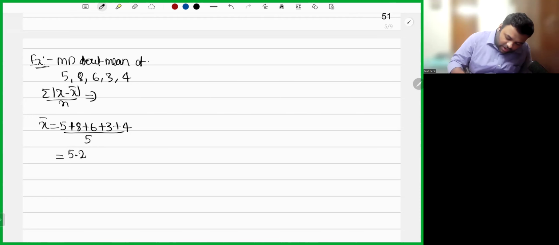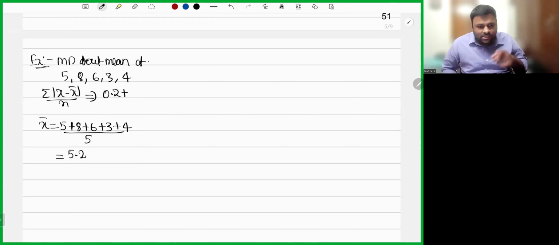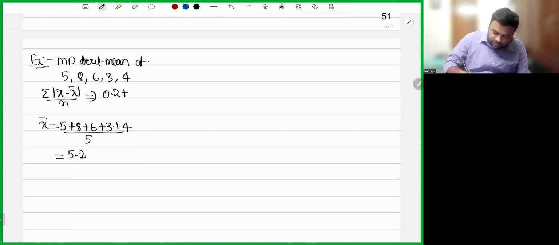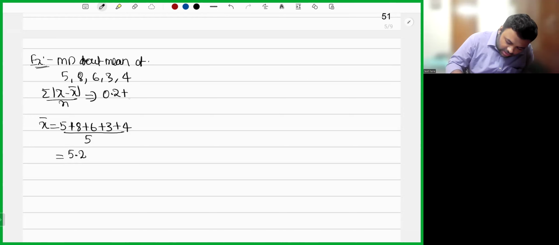What is 5 minus 5.2? 0.2. My dear friends, don't take negative symbols, modulus is there. 8 minus 5.2 is 2.8. 6 minus 5.2 is 0.8. 3 minus 5.2 is 2.2, plus 1.2.